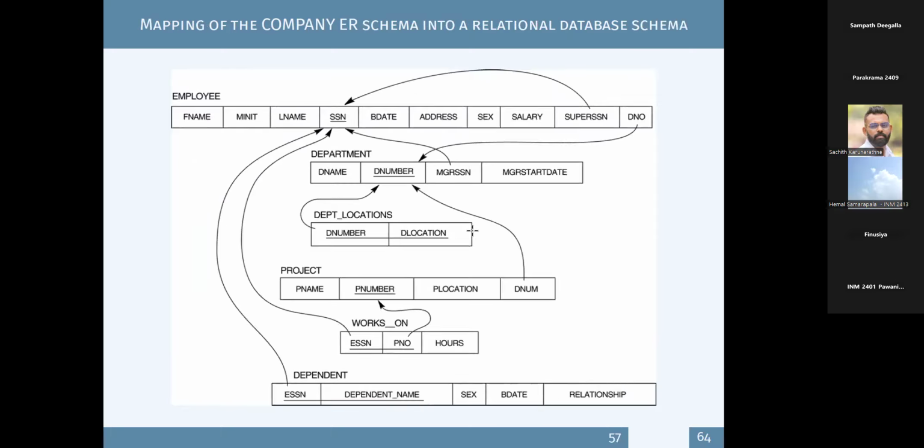Going back to the mapping, you can notice we have works on: the employee's social security number and the project number, and notice this one, which actually comes from the attribute connected to the relationship type. The combination will create the primary key for this relation.